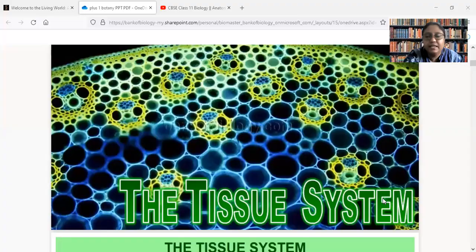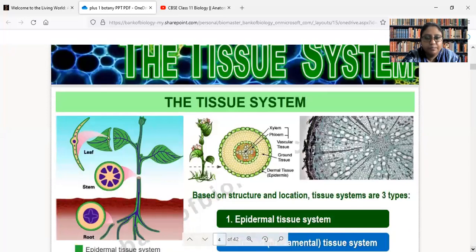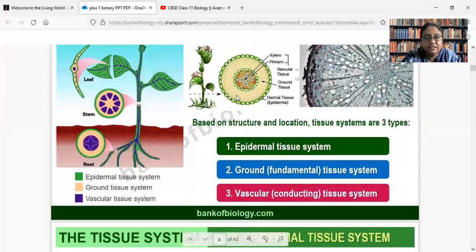So let's have a look into the PPT with tissue system, and then tomorrow we will continue with the part which deals specially with the cross section of leaf, the cross section of root, and the cross section of stem.